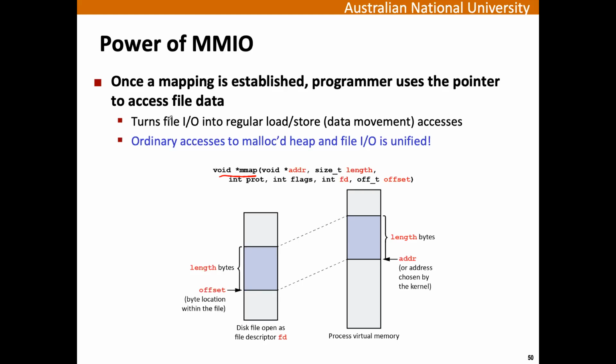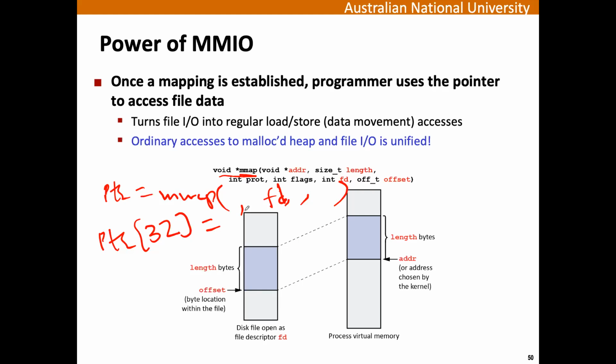So imagine that mmap returns a pointer, ptr equals mmap, whatever, all the arguments, file descriptor, and all that. When you do ptr[32], just an example, behind the scenes, there is a disk transfer going on, but the programmer can use the pointer to access the file. The transfer is kind of transparent to the programmer.